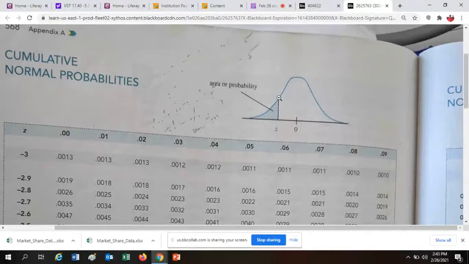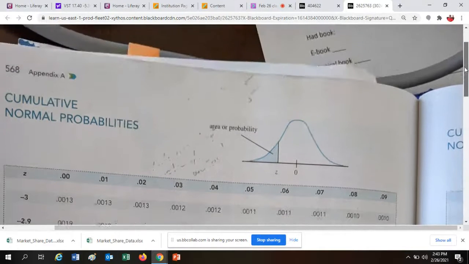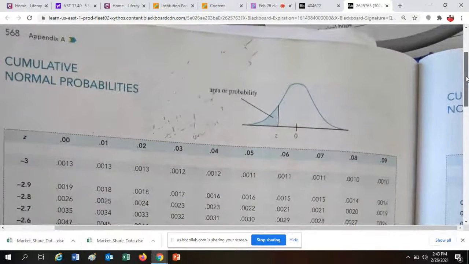Okay, and I have this one, and this one is the page earlier, which has the shaded area again from minus infinity to z, but the z's here on this page are the negative numbers.